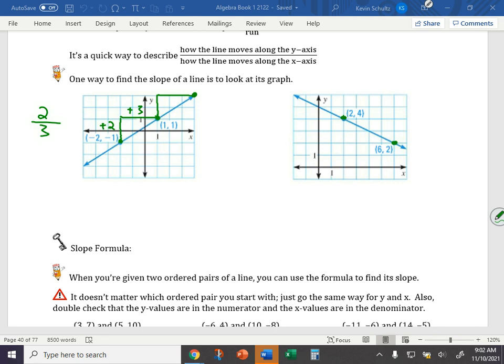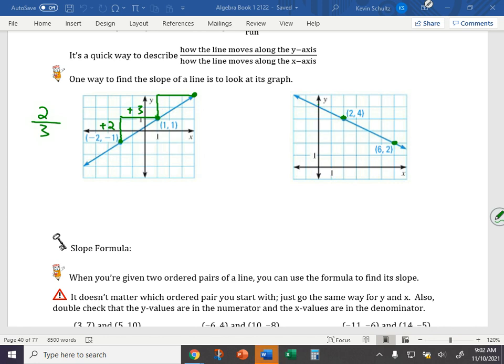Kylie? Just give me the ordered pair. I heard 0, 5. 0, 5 would be right there on the y-axis. We could use that point. We could also use this one here. Looks like about 4, 3. We could use that point as well. But you're looking for where it passes through a corner.